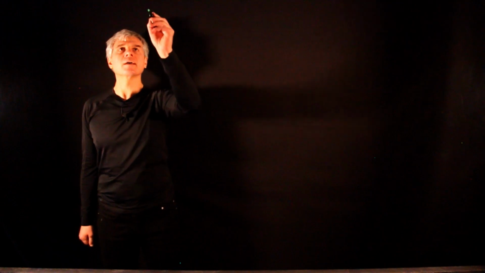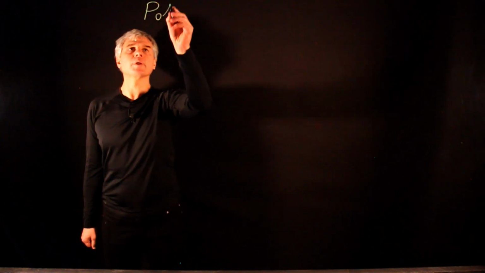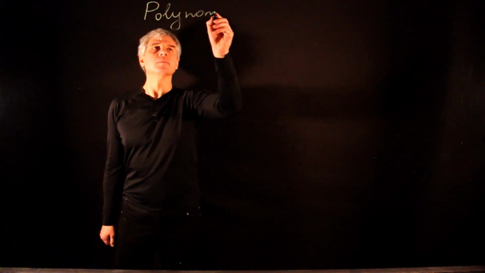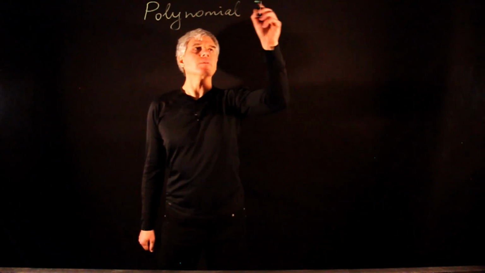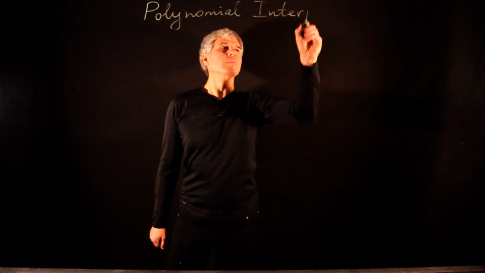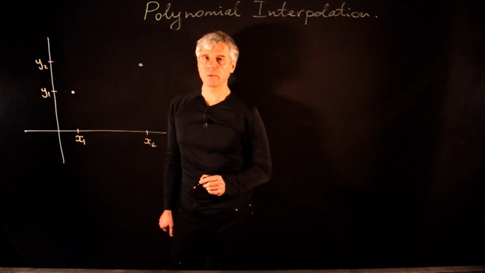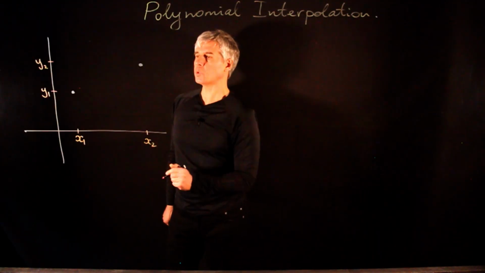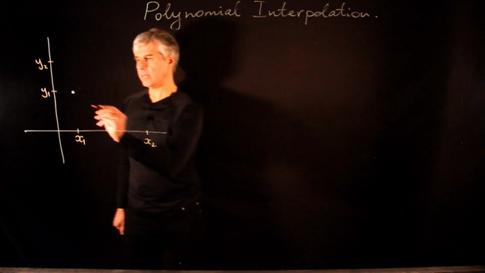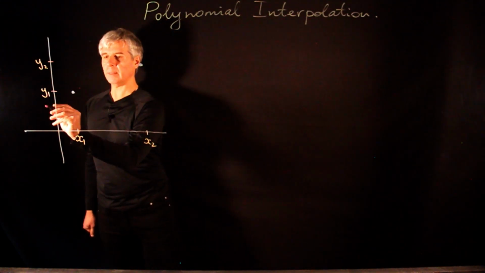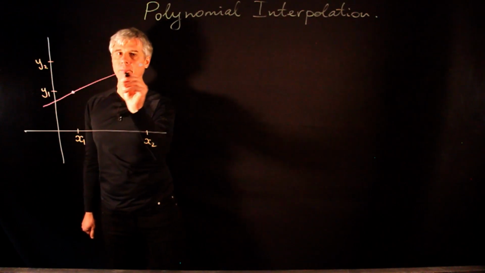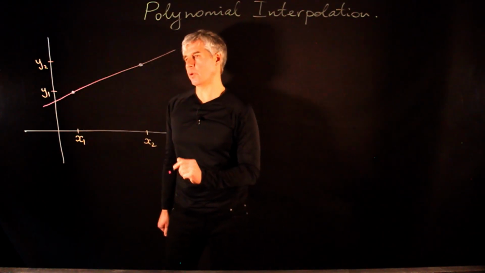As one of the applications of the Vandermonde determinant, let us look at the topic of polynomial interpolation. We know that if we are given 2 points on a plane, then we can draw a line that passes through these 2 points.